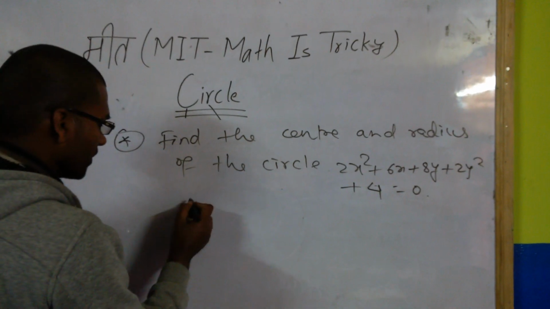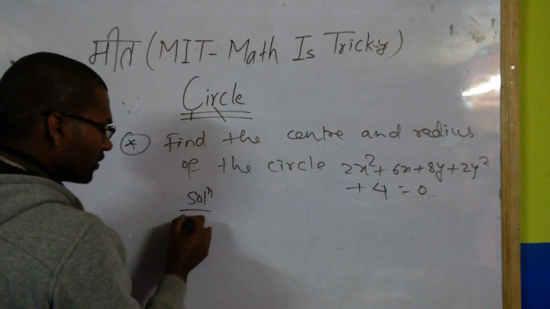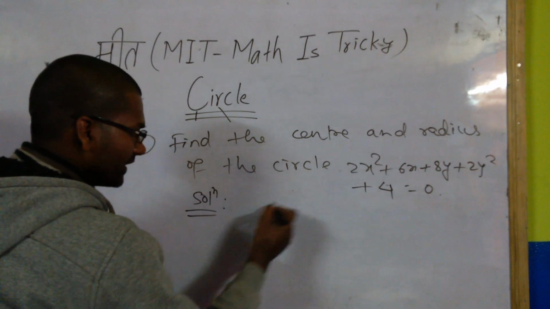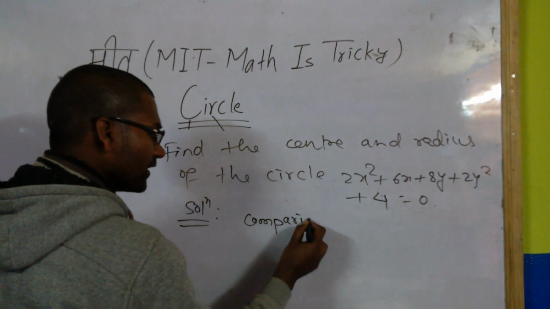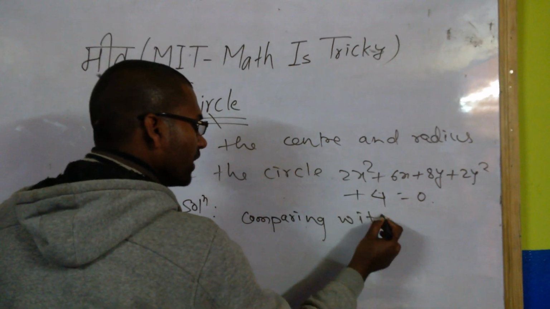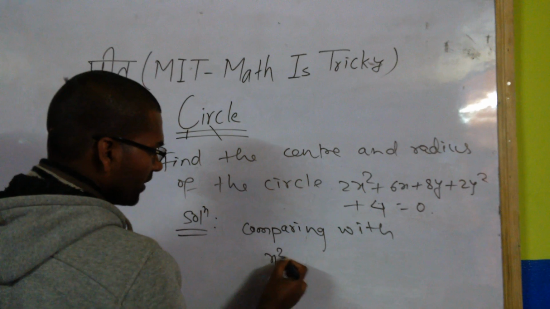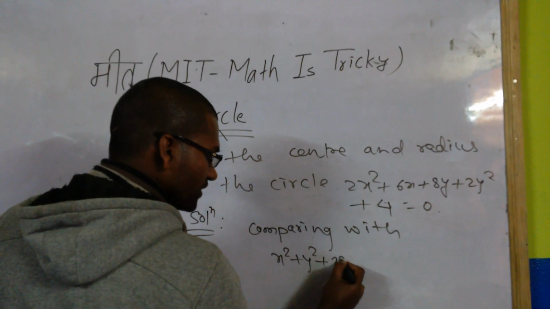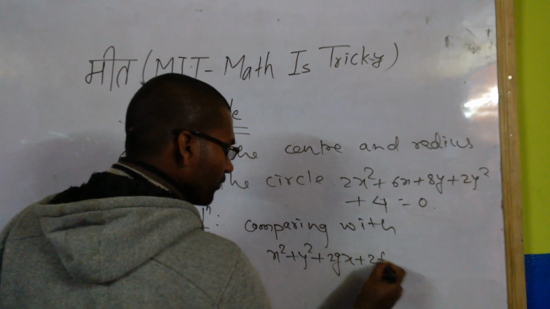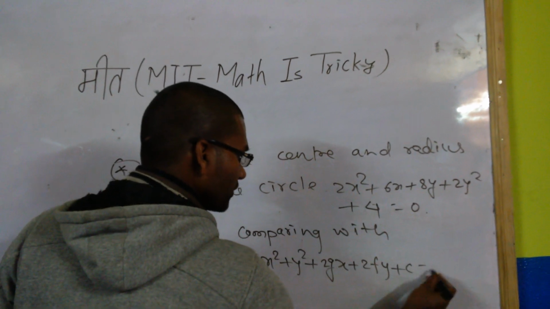So what we do here, always compare. Solution will be: compare the given equation always with x square plus y square plus 2gx plus 2fy plus c equals 0.